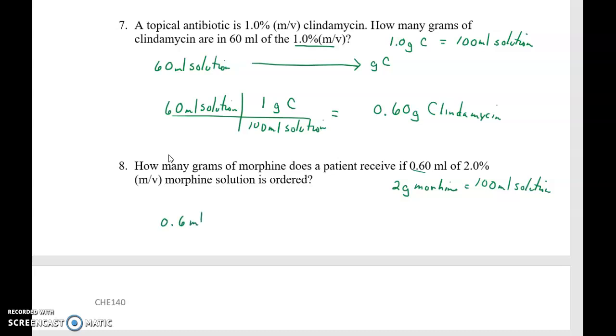We'll want to use our conversion statement. We'll want to put the 100 down here, and we'll want to put our 2 grams up here. And we'll get 0.012 grams of morphine.